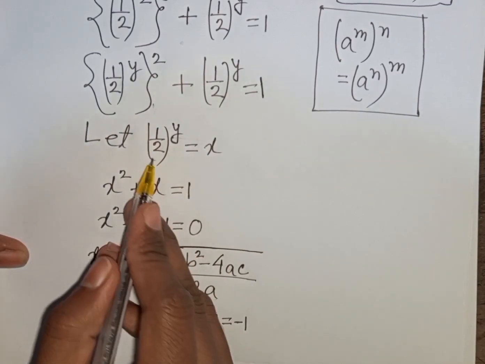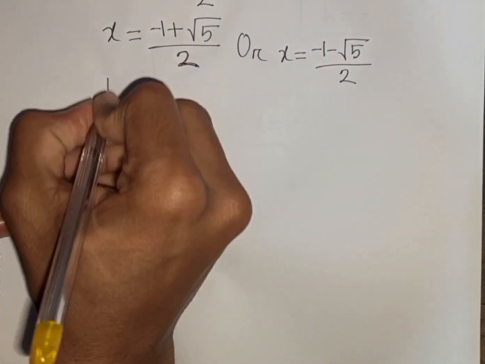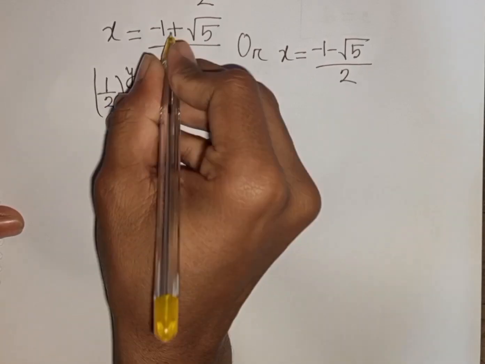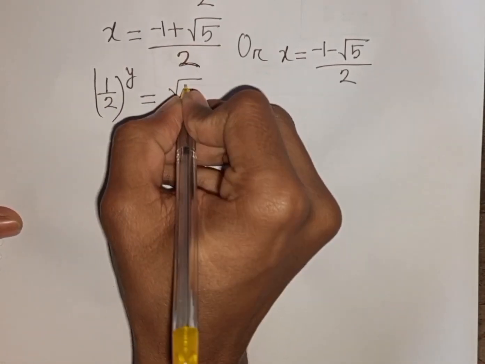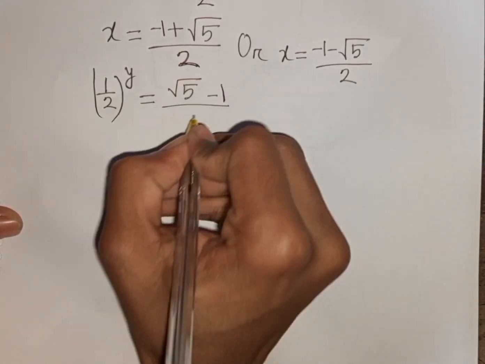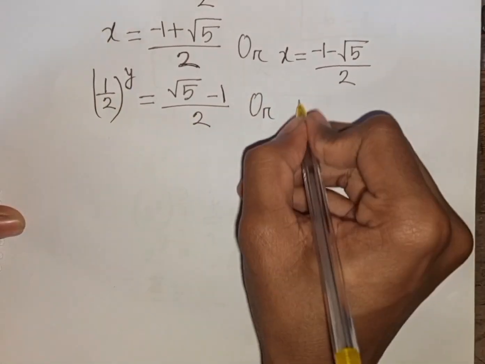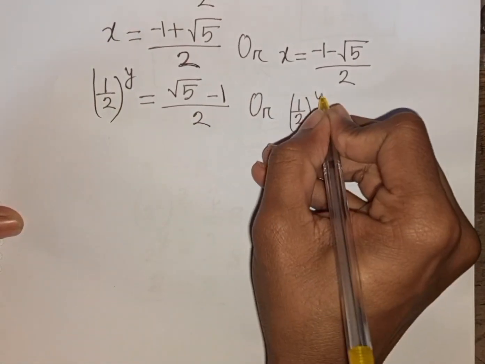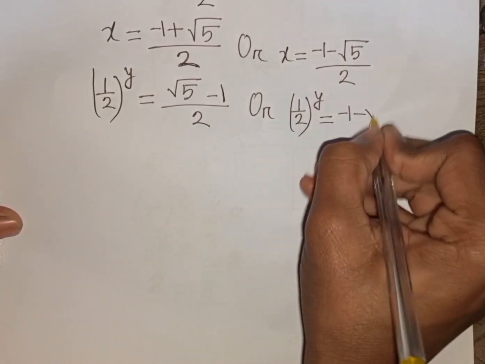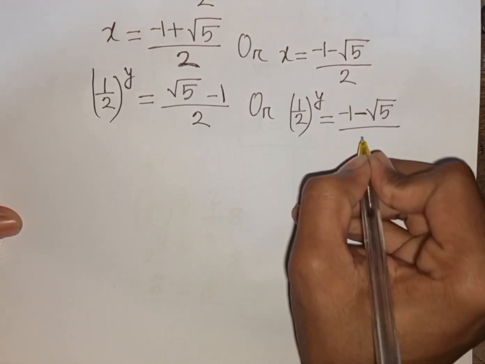So x, that means (1/2)^y, is equal to square root of 5 minus 1, divided by 2, or (1/2)^y is equal to minus 1 minus square root of 5, divided by 2.